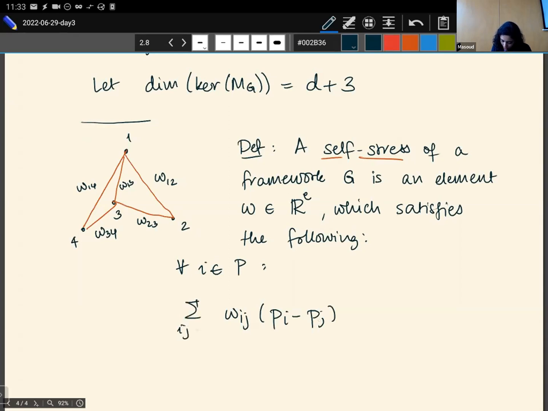I look at all edges coming out of i, and then write down some sort of force equation. I'm not going to attempt to justify in real time why this is true, but I'll let you all convince yourself that this is what it's supposed to be. Okay, but an assignment which satisfies these equations for every vertex is called a self-stress.